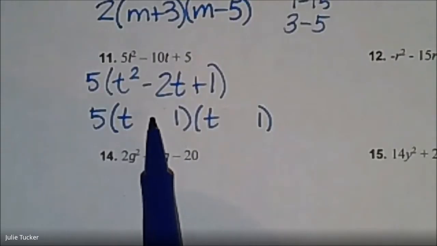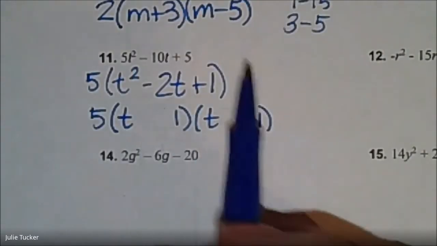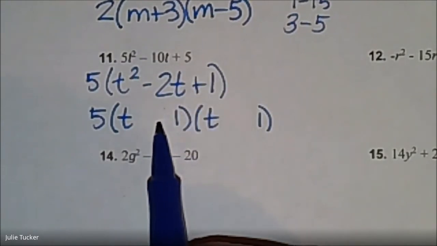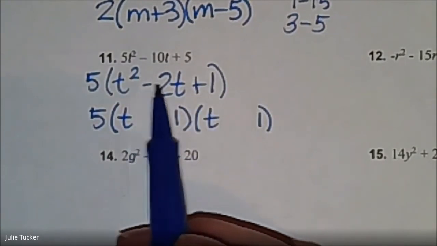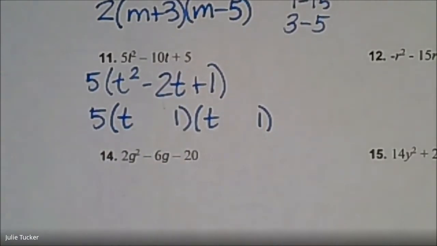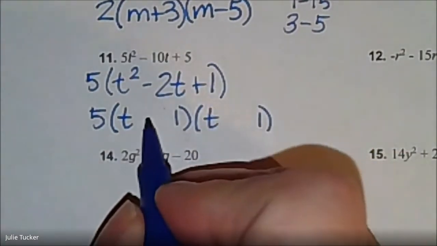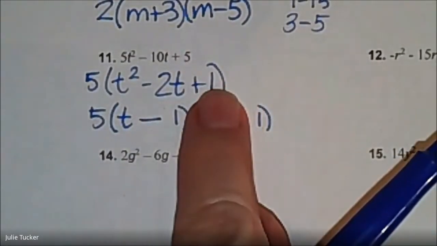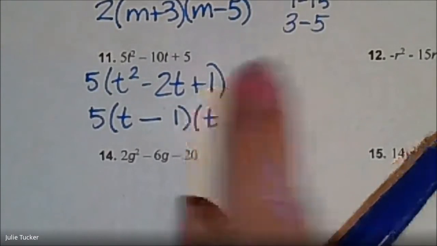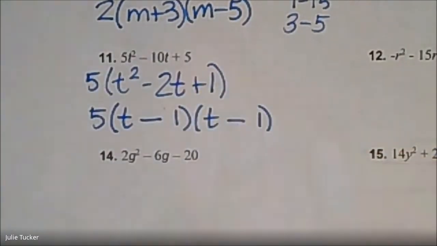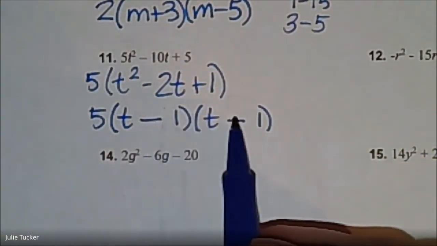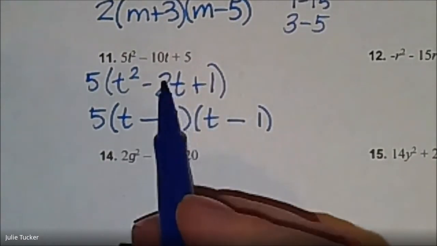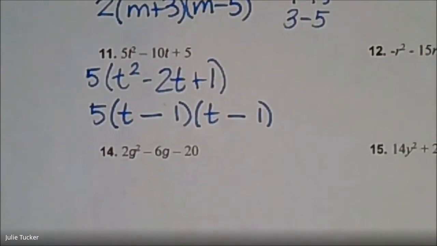If they're both pluses, then 1 times 1 is 1, but 1 plus 1 would be positive 2, not negative 2. If I make one of them negative, then their product will be negative 1, not positive 1. So I have to make both of them negative to get negative 1 times negative 1 is positive 1. And negative 1 plus negative 1 is negative 2. So there's my answer.